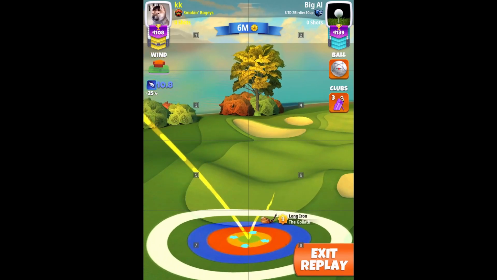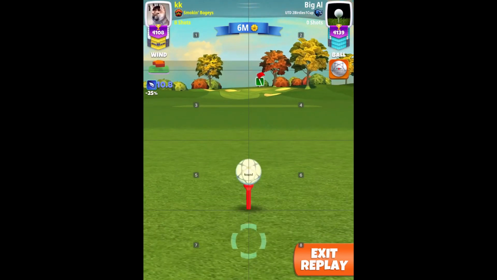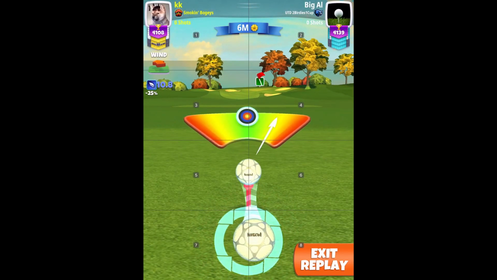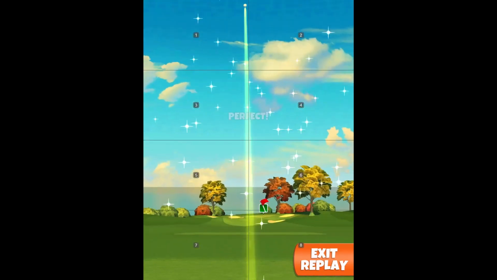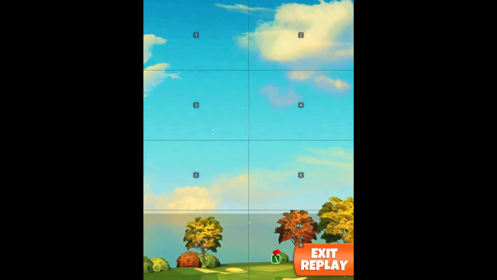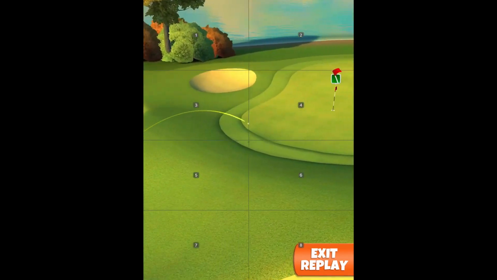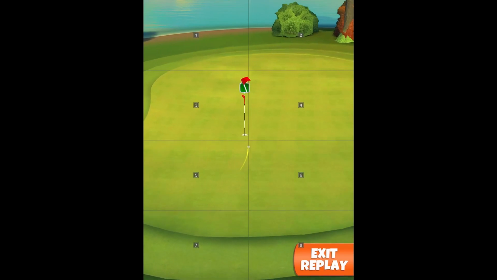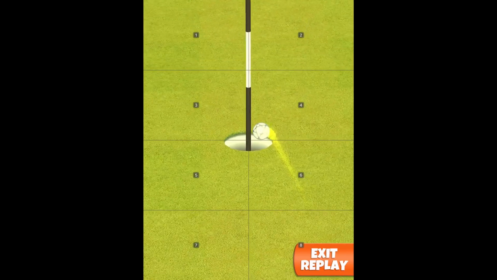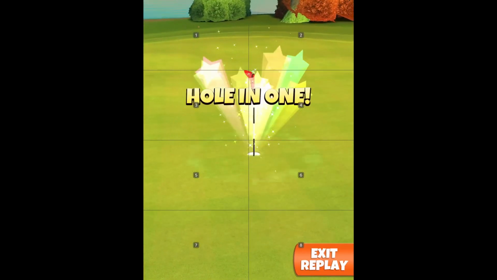So I did plus 20% max. And about inner circle, mid circle, right curl. And there she goes.